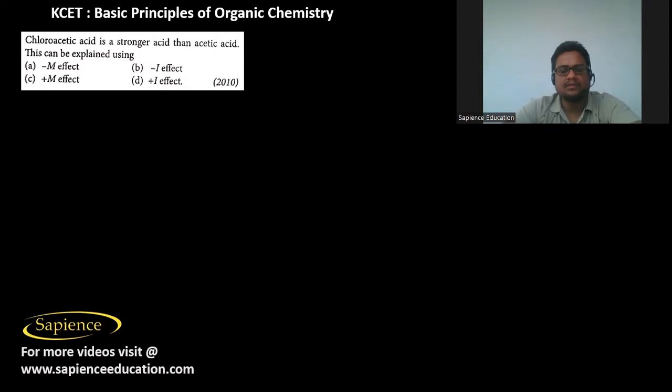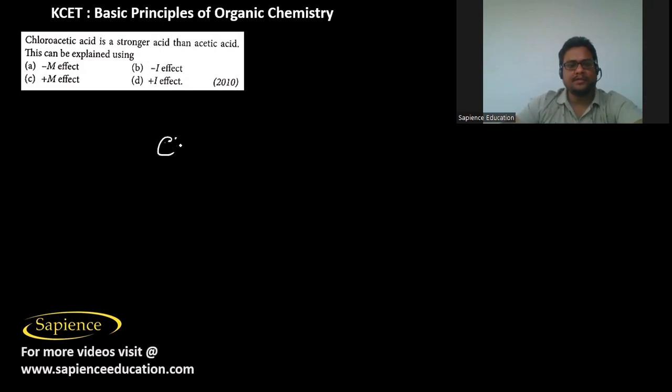Chloroacetic acid is a stronger acid than acetic acid. This can be explained using the minus I effect.